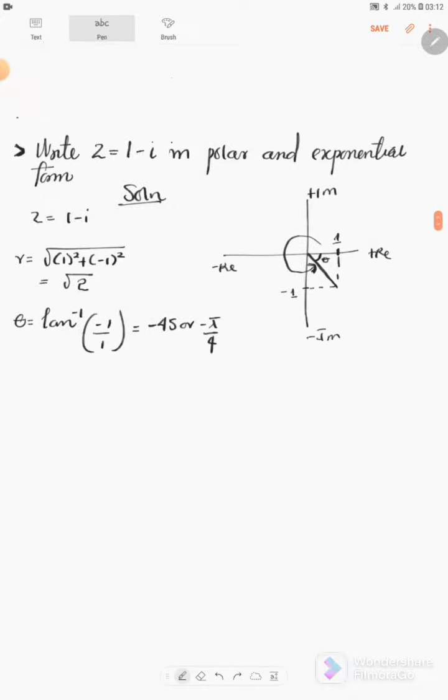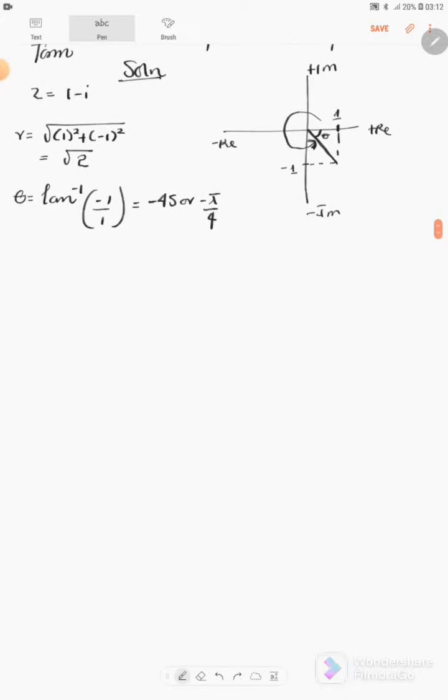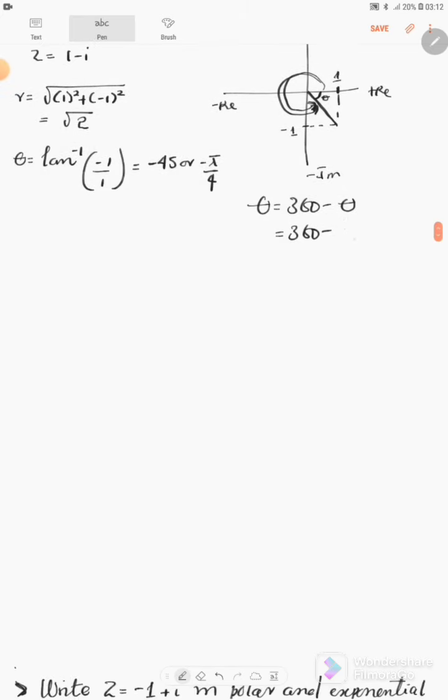Now, since our angle is in the fourth quadrant, if we find the angle of here to here, that's 360 minus theta. Then theta here will be what? 360 minus theta. That gives us 360 minus 45. A lot of you might think that is minus 45, but let's just forget about the minus and find our angle there.